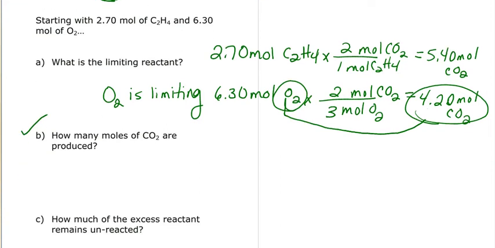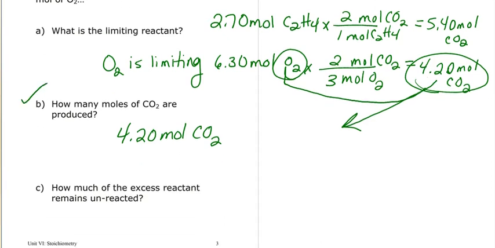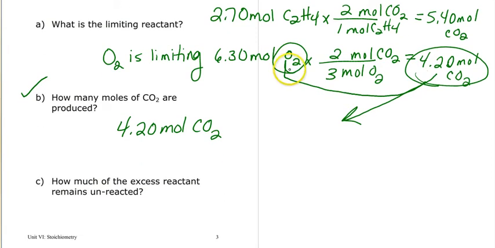Going through, I've already answered letter B. So how many moles of CO2? That would be this right here. So it would be 4.20 moles of CO2. And last thing is my excess. So if oxygen is my limiting, that means my C2H4 is going to be what I'm going to have in excess.